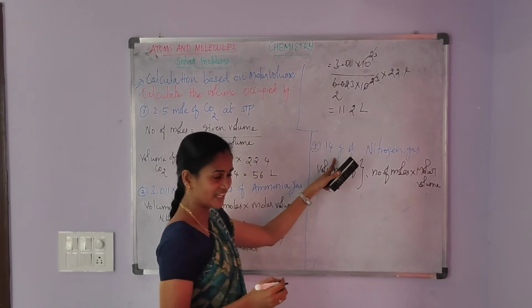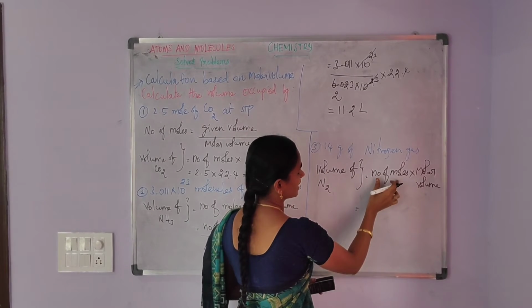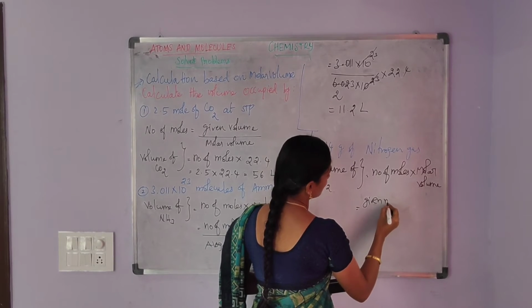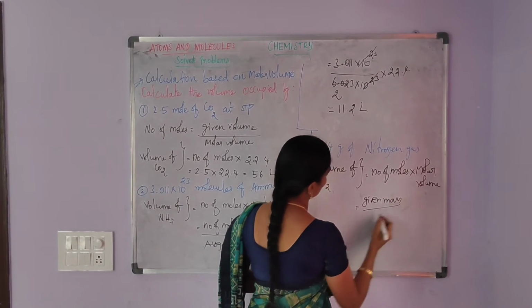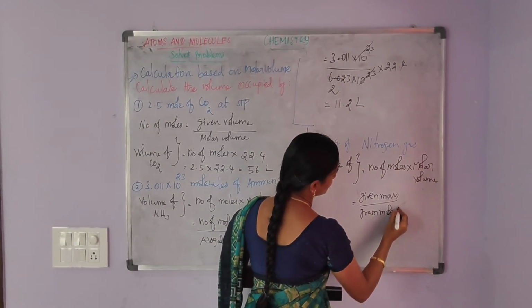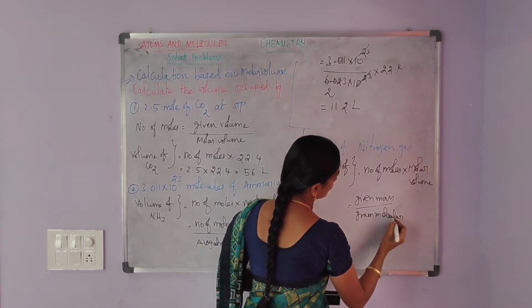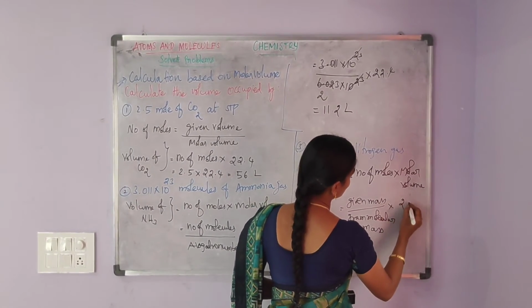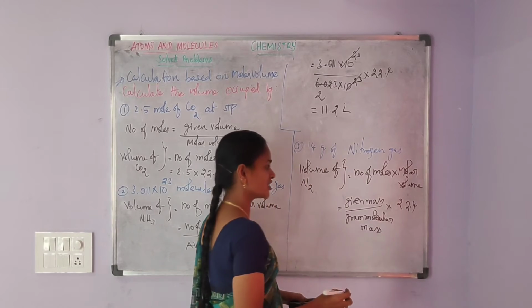Based on the data, for finding the number of moles, the formula is given mass divided by gram molecular mass, into molar volume, that is 22.4.